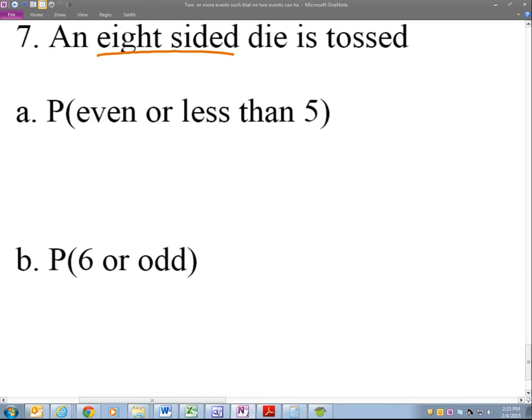Here is our situation A. We have the probability of the number being even. And we have the probability of a number being less than 5. Here's our situation A. Here's our situation B. Write as I write, if you have the room for it, because you're going to use all that.